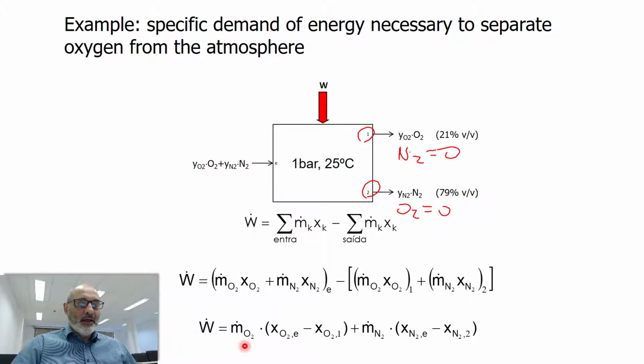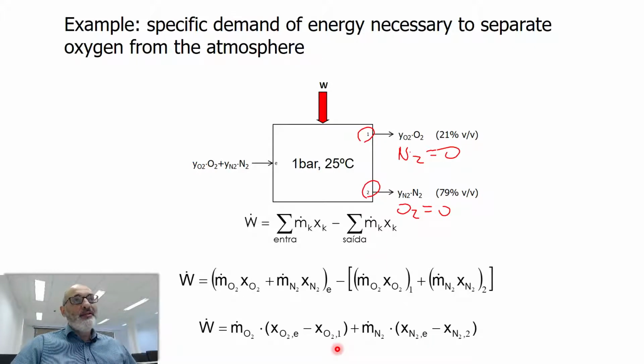So I can isolate here the MO2 at E is equal to MO2 at 1, and rearrange the expression. So the minimum amount of work is oxygen's mass flow rate times the variation of exergy, plus the flow rate of nitrogen times the delta N2 exergy, okay?